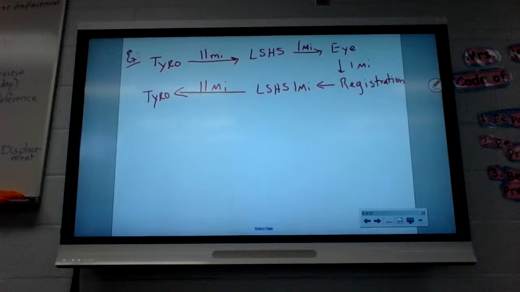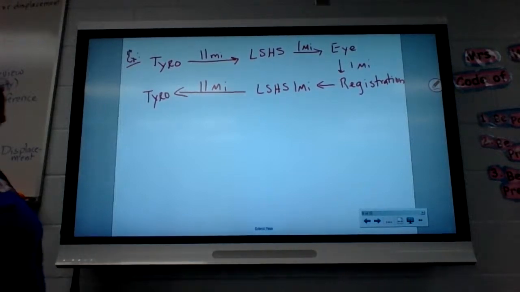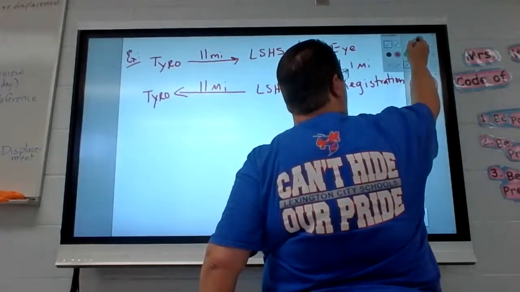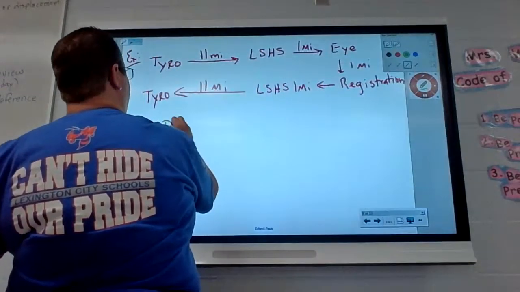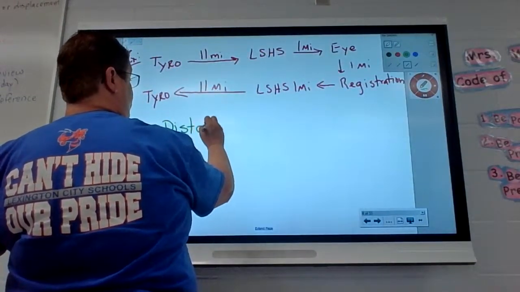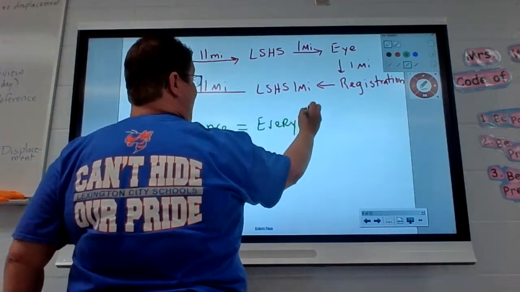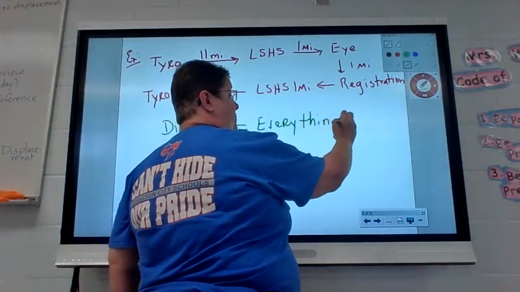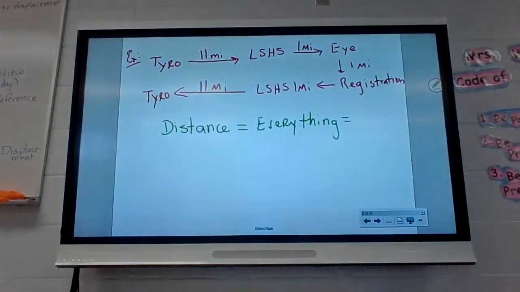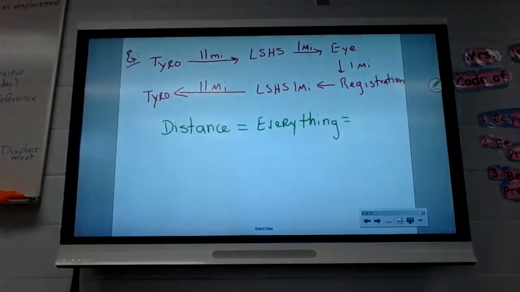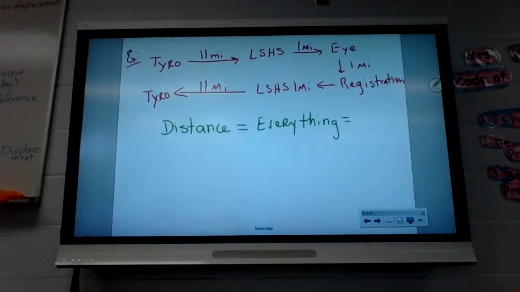So, how do we find distance? Distance was defined as what? Everything. Okay? Distance is everything. So what math operation are we going to have to perform if it's everything?